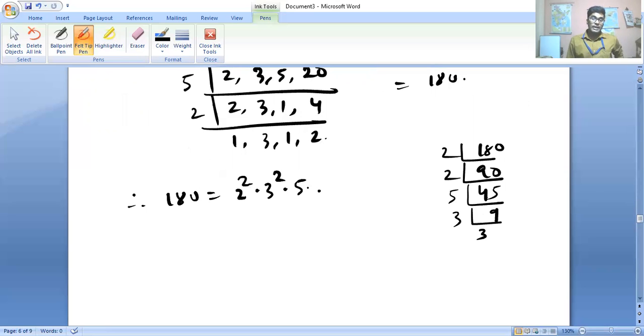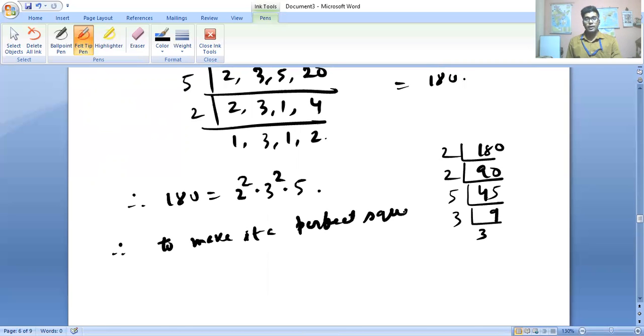Clear? So if I can get another 5, then the required number will be a perfect square, and as well it will be divisible by each of the numbers 6, 9, 15 and 20. Clear? So therefore, we write like this: to make it a perfect square, we multiply by 5.